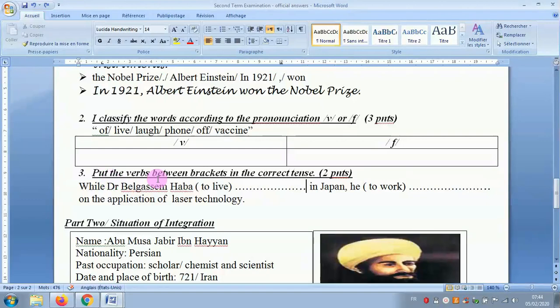So let's go to this activity. Put the verbs between brackets in the correct tense. While Dr. بالقاسم هابا, the verb to live in Japan, he, the verb to work on the application of laser technology. عندك while with two actions happening at the same time.